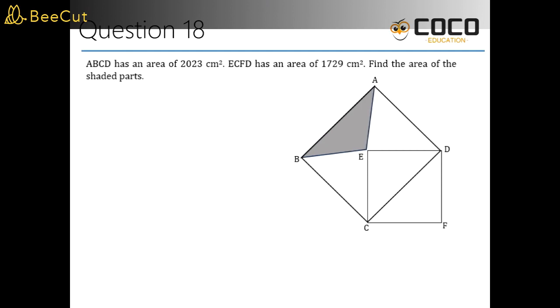Then question 18, this makes use of the half model. So the shaded triangle ABE plus the triangle CDE equals half of the rectangle ABCD.